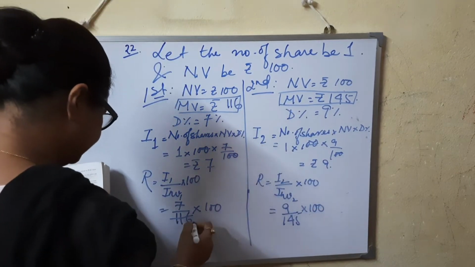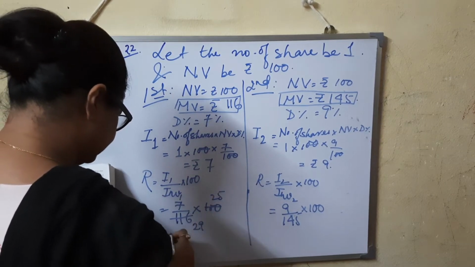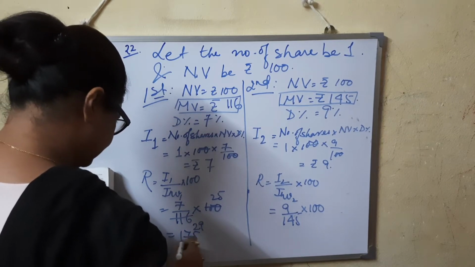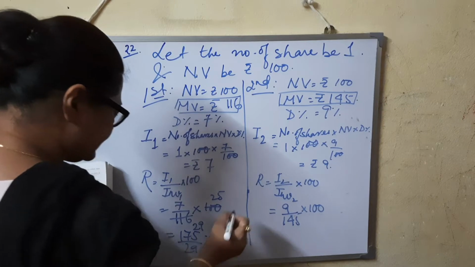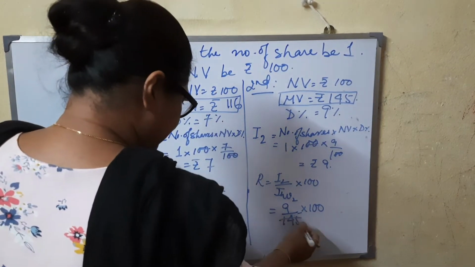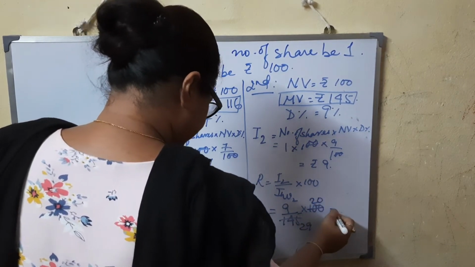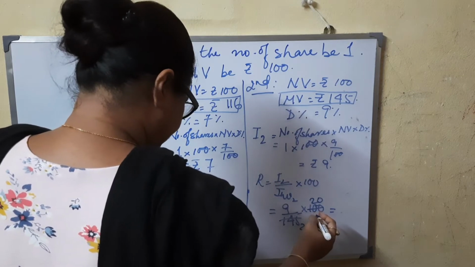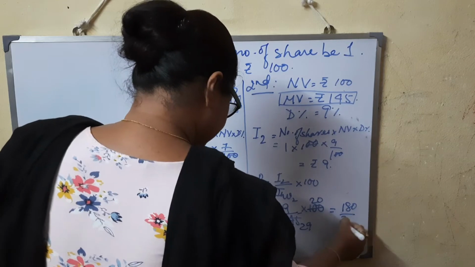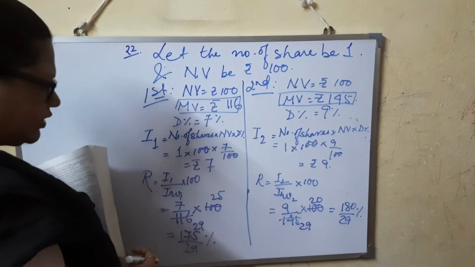So what do we get here? 175 by 29%. This side, what we get? Okay.